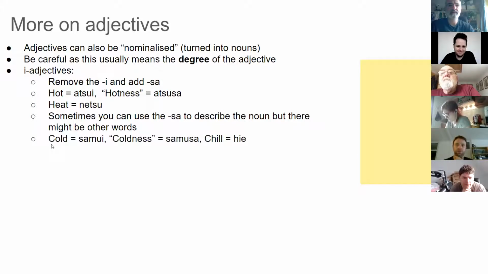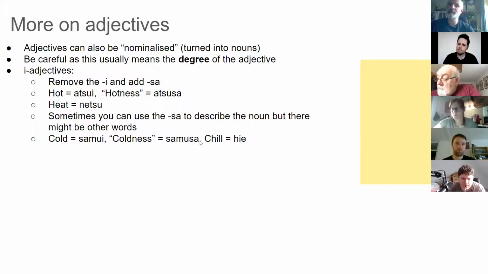Let's look at another similar example. Cold is samui, meaning the weather is cold, it feels cold. Coldness is samusa, but again, this doesn't actually mean the physical manifestation of coldness, which would be what we call a chill. So you're looking a little bit confused. It will come a little bit easier.